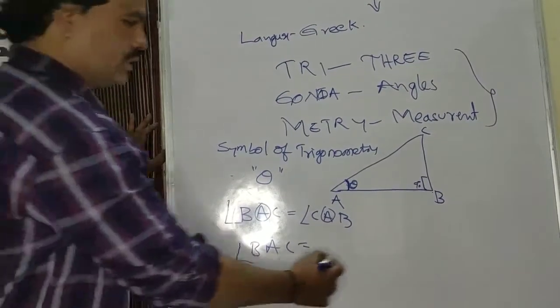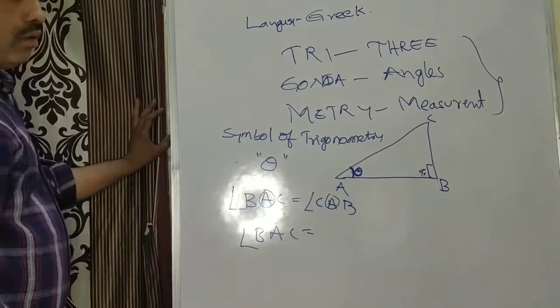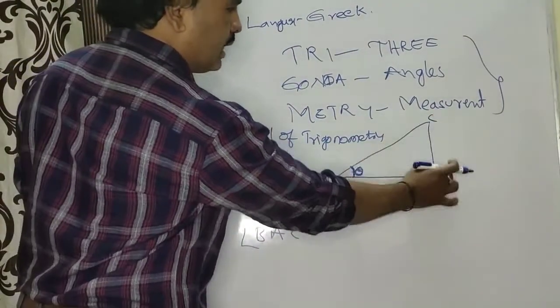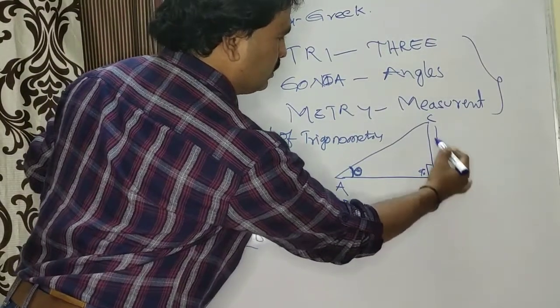First we can say opposite. This angle is called theta. The side opposite to the angle is called the opposite side.